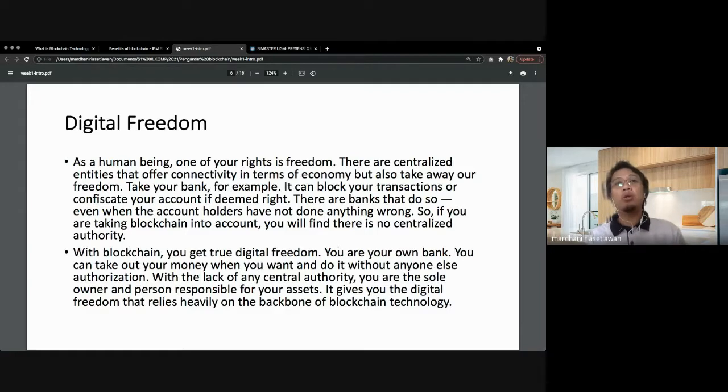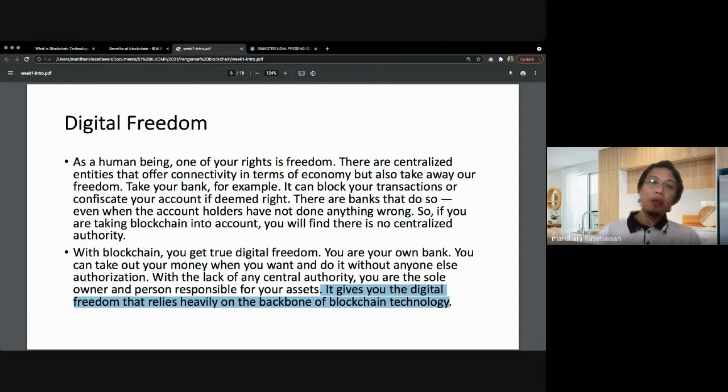You can take your own money when you want, without anyone else's authorization. With the lack of any central authority, you are the sole owner and person responsible for your assets. So it gives you digital freedom that relies heavily on the backbone of blockchain technology. That's the main point in the last sentence here.